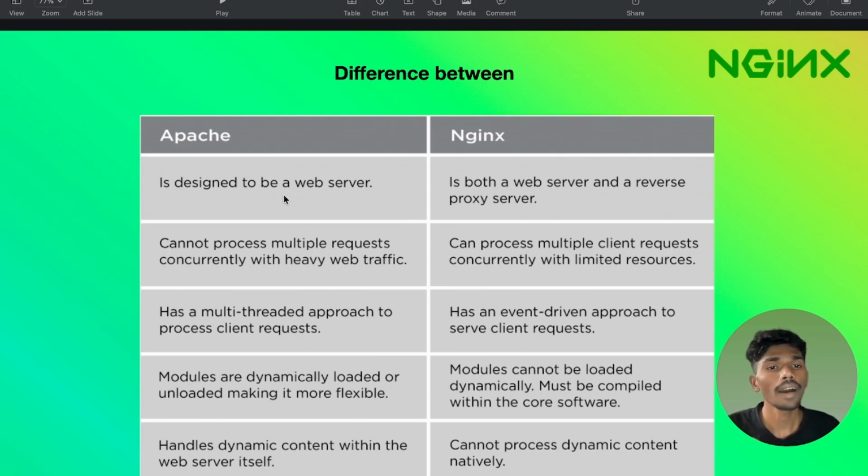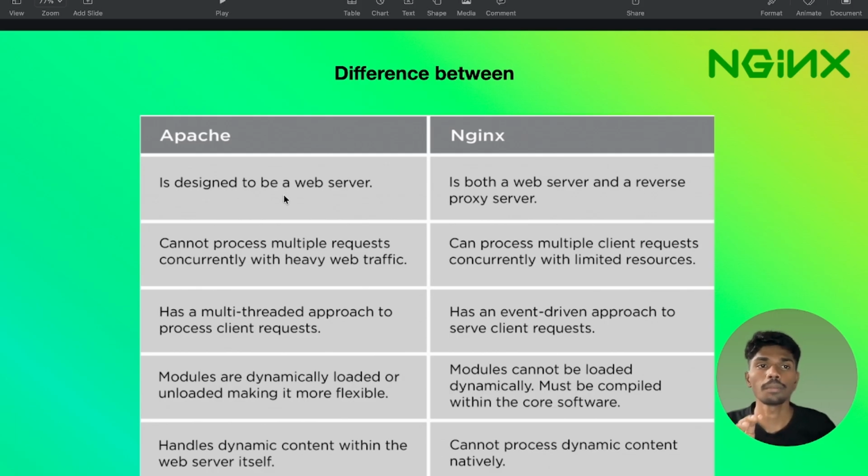Apache cannot process multiple requests concurrently under heavy web traffic. If Apache is under heavy load from heavy web traffic, it is not able to process those multiple requests. Nginx, on the other hand, can process multiple client requests concurrently with limited resources. Apache has a multi-threaded approach to process clients, whereas Nginx has an event-driven approach.